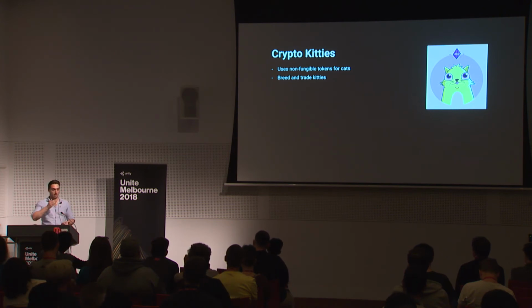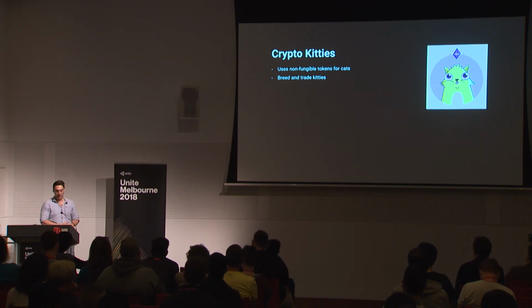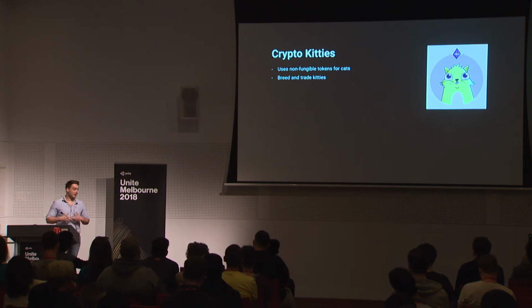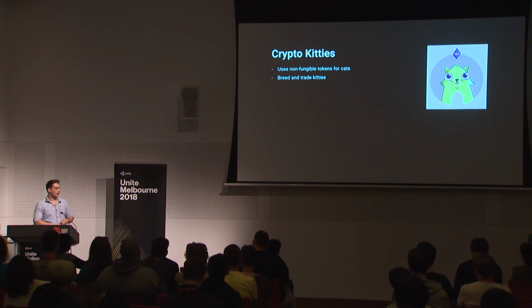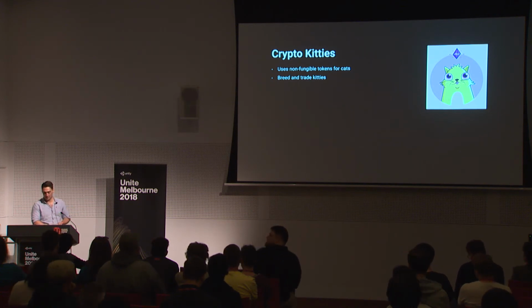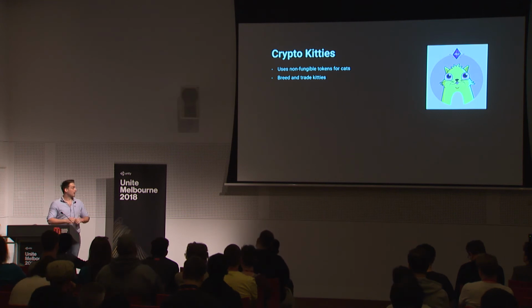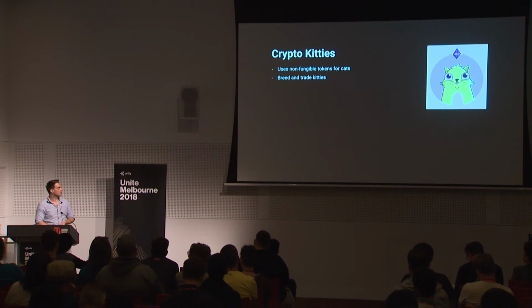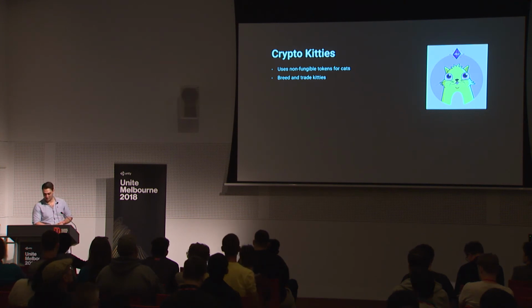Every single token is unique and has a unique value associated with it. And this actually provides a lot of benefits for things like tradable assets or games, where you've got unique assets. That's what the developers of CryptoKitties were exploring with this product. It was mainly an experiment, but turned out to be this huge success.